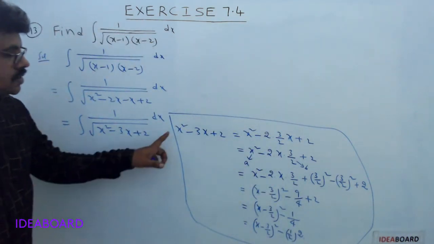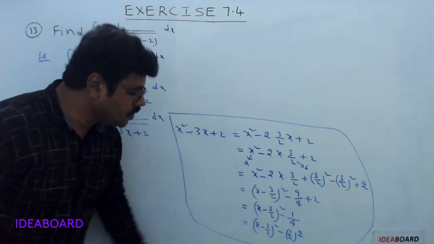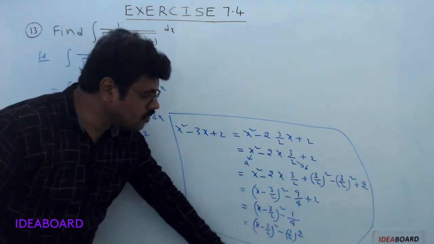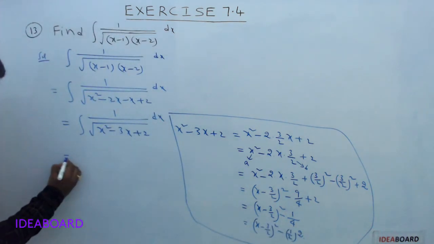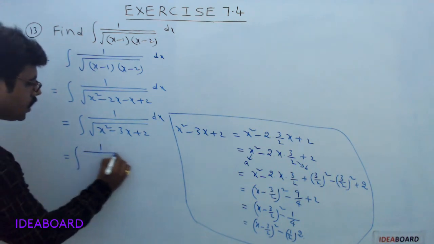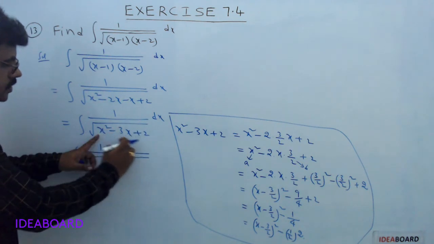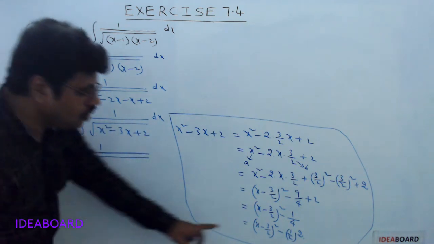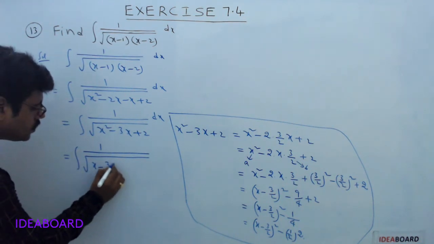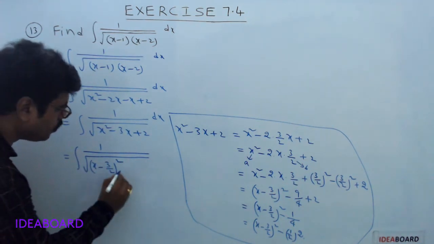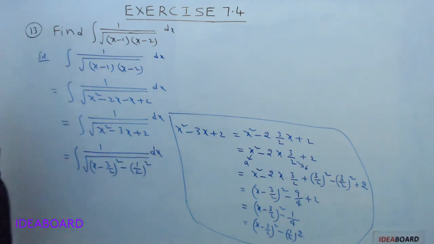See here, instead of x square minus 3x plus 2, you can substitute the value (x minus 3 by 2) whole square minus (1 by 2) whole square. Now this is integral 1 divided by square root of, in place of x square minus 3x plus 2, you can substitute this expression (x minus 3 by 2) whole square minus (1 by 2) whole square dx.